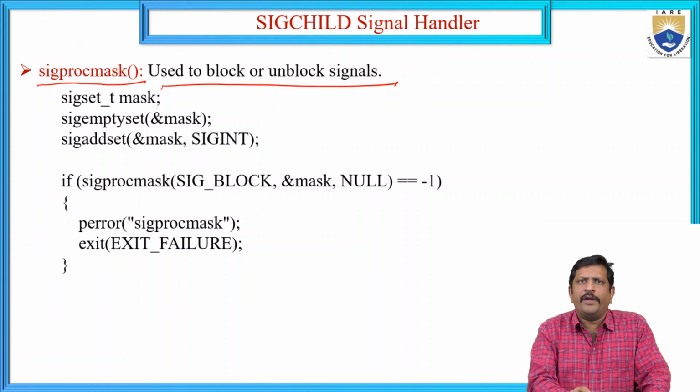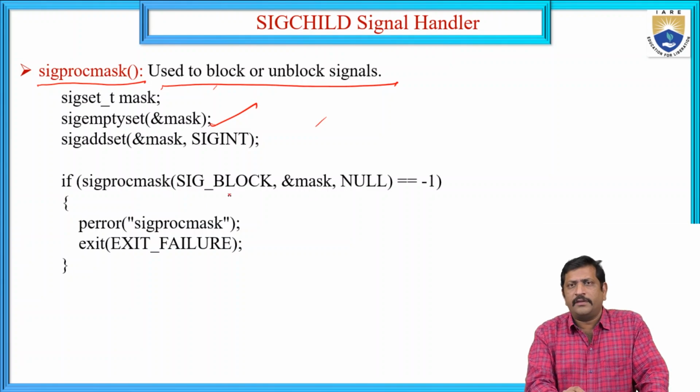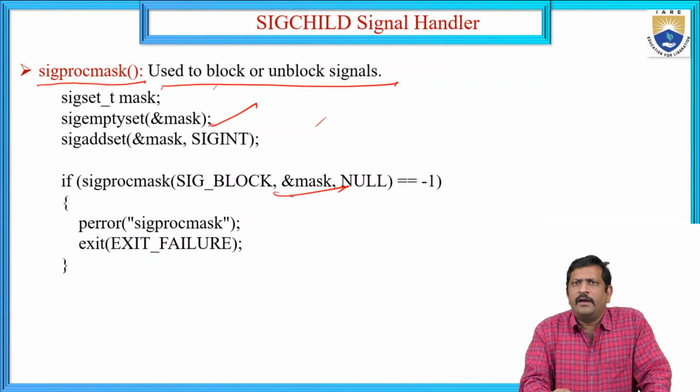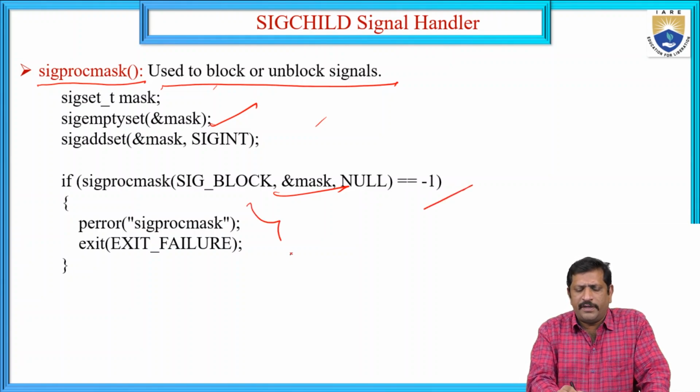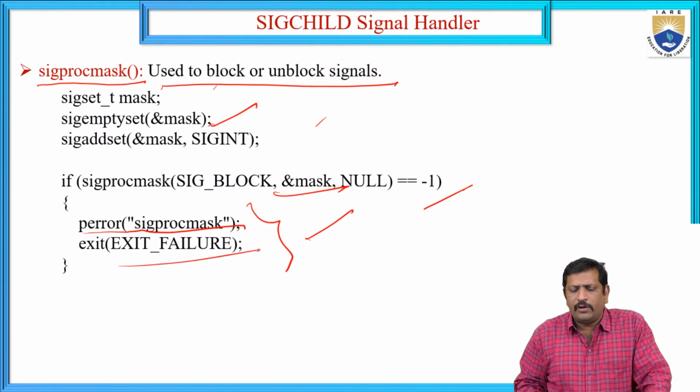For blocking the signal, the code implementation is: sigset_t mask; sigemptyset(&mask); sigaddset(&mask, SIGINT); and if sigprocmask(SIG_BLOCK, &mask, NULL) equals -1, it returns an error. The failure is reported with perror("sigprocmask") and the program exits with failure.